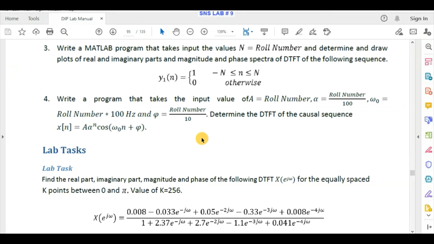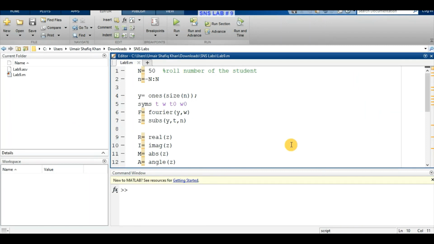The next thing is, otherwise it will be 0. In this case we have already studied, to define it 1 we use the built-in function of ones in MATLAB. So in this way we can find the Fourier of this function, as we have defined the y, which will be ones of size of n.